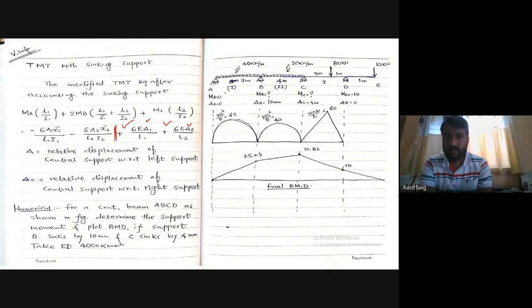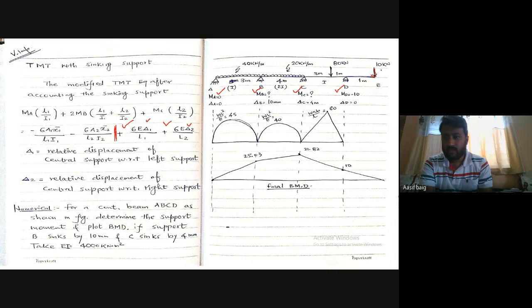So first we will write the values which we have to calculate. The value of MA is 0, as this is a hinge support, an end support. MB we have to calculate, and MC we have to calculate, so these two are unknown to us. Now the value of MD is minus 10 kilonewton meter moment, because there is one overhang portion carrying a 10 kilonewton load.